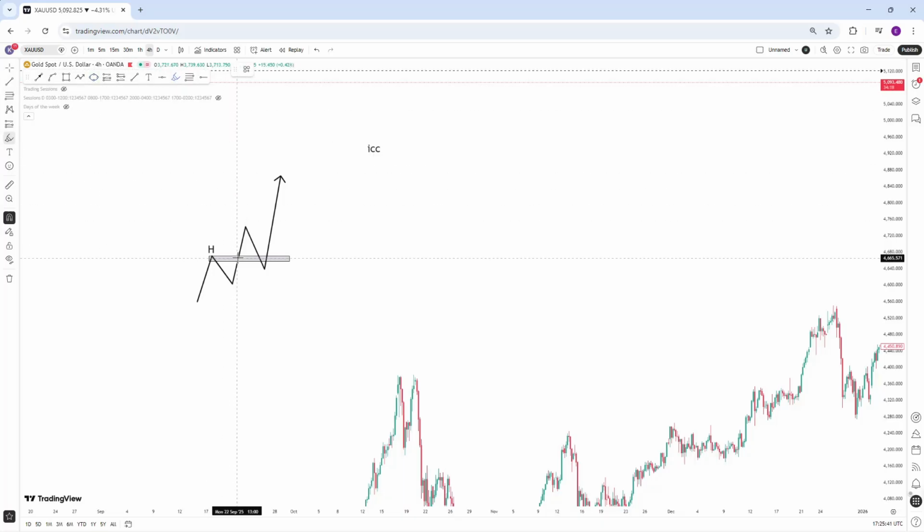So you can see price broke out from this level, creating this new high in the market. So we mark this one as a new higher high.